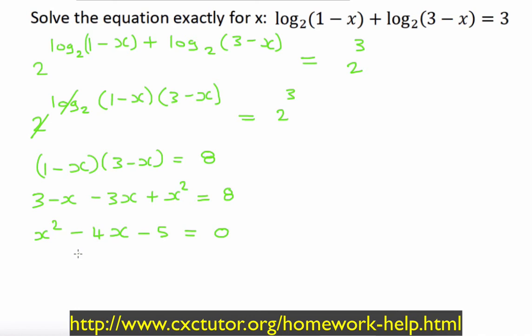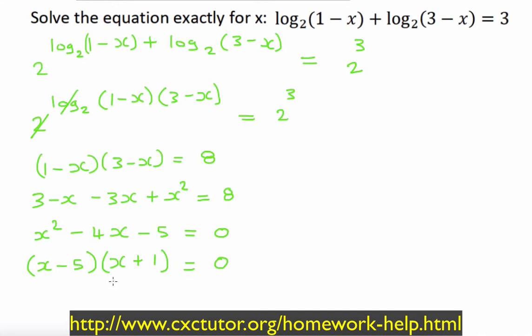So we all know what to do with quadratic equations. We usually factorize them in order to solve for x. So to factorize this, we should be able to do that in one go. That should be (x minus 5)(x plus 1) is equal to 0.